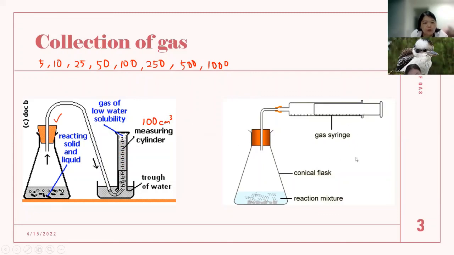If you choose to use the right-hand side one, again you see sealing is very important. Make sure no gas can escape. And of course, write the capacity. If you're using 100 cm³, then you write 100 cm³. Oh, and also this part: if you use a gas syringe, you have to seal 2 parts. If you use a measuring cylinder, then only one.